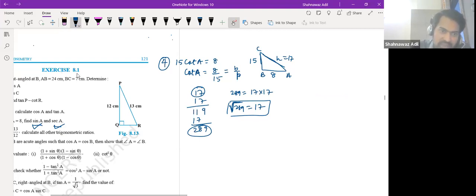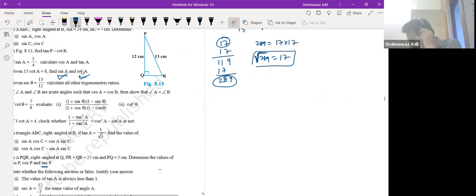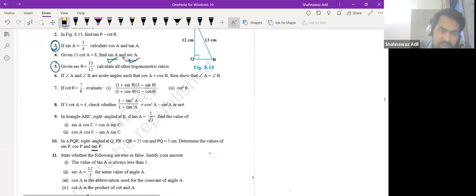Next question, question number five. Question number five is a similar one, right? You already know the ratio, so you can calculate sec theta. Sec theta is hypotenuse upon base, so h by b.